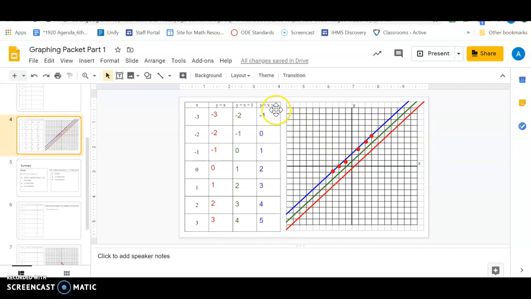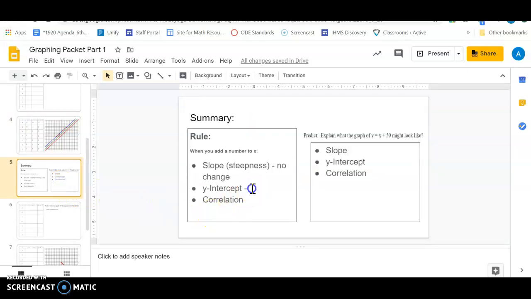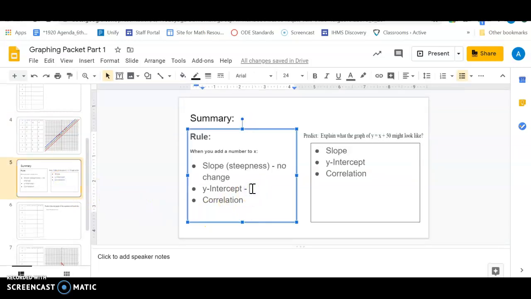When I added 2 to the x, what was my y-intercept? It was +2. So I'm going to look at those and say, oh, when I add a number to x, the y-intercept increases by the number I added. Okay?